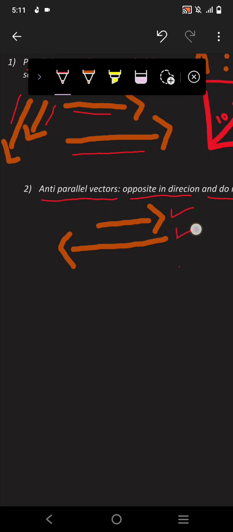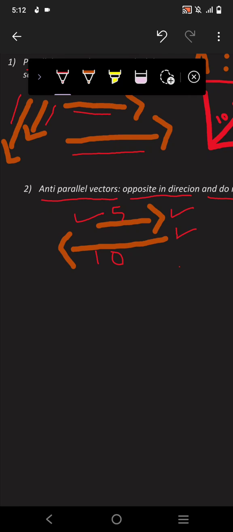Opposite in direction, yes, and does not have the same magnitude. This has less magnitude, for example 5 centimeters, and this has more magnitude, 10 centimeters. So that is why this is known as the anti-parallel vector.